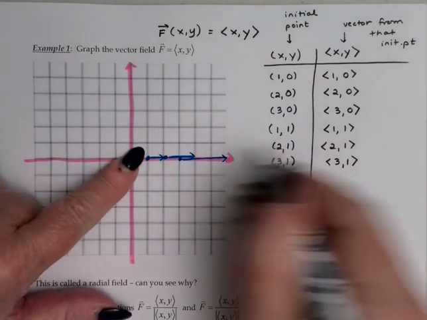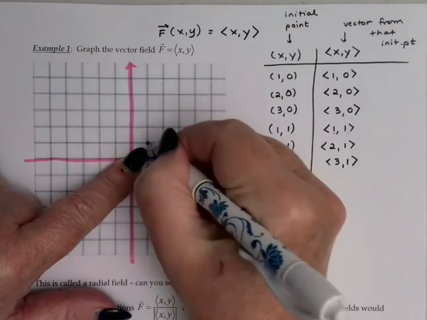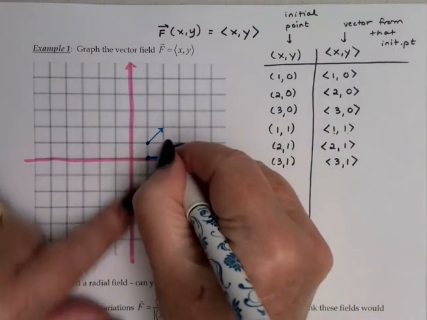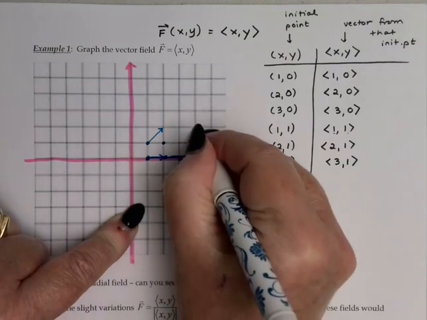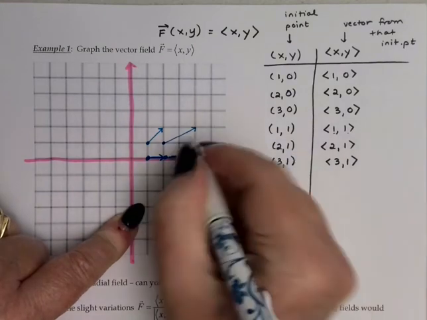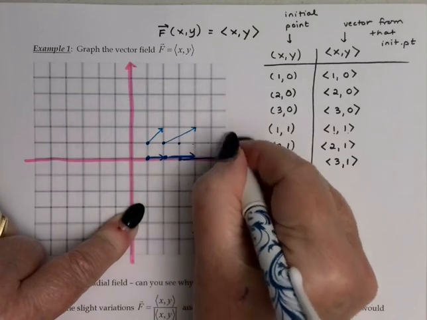So at the point 1, 1, we draw the vector over 1 and up 1. At the point 2, 1, we draw the vector that goes over 2 and up 1. And finally, at the point 3, 1, the vector that goes over 3 and up 1.